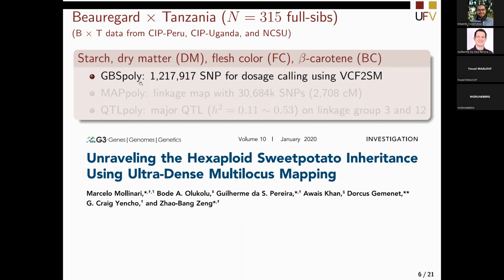The name of the protocol we developed at the time within the Genomic Tools for Sweet Potato project was called GBS Poly. And at first we actually got over 1 million SNPs for dosage calling, which of course is not something that we need for linkage mapping, but it was just something that came out of the first protocol, right?